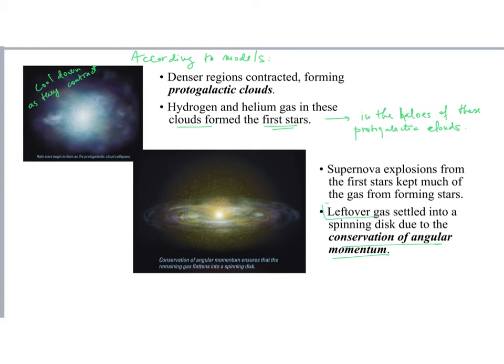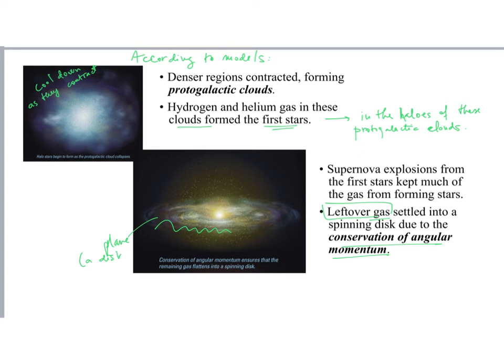That's going to happen with the leftover gas that was not trapped in those stars, and there is plenty of time for that gas to settle into that spinning disk. Okay, and so we end up with a disk population of stars that orbit the galactic center, kind of like this, in a fairly flat plane.